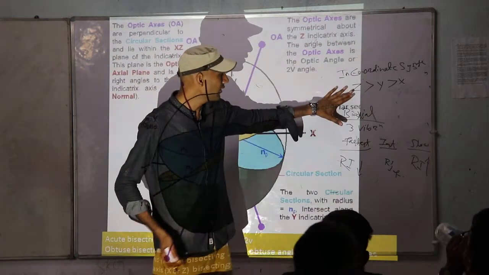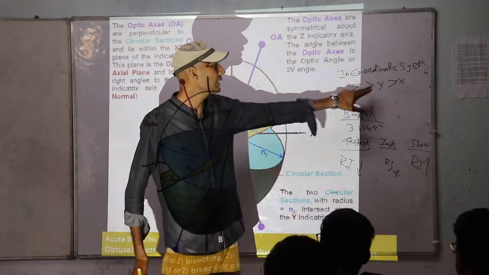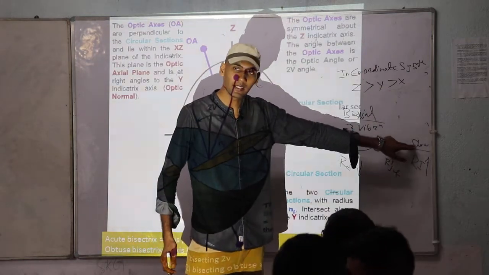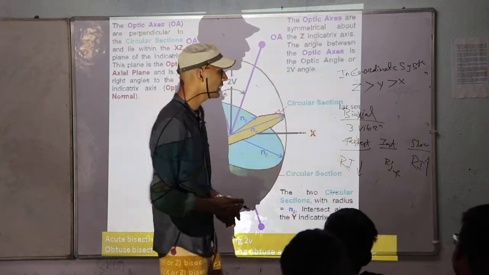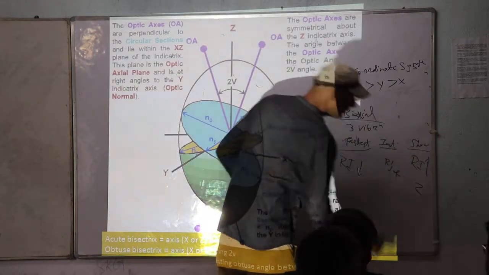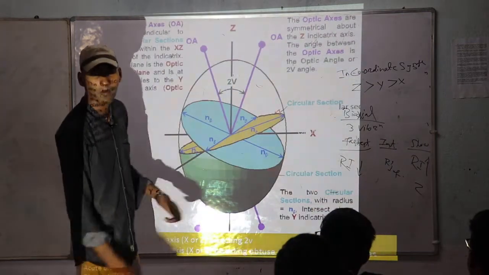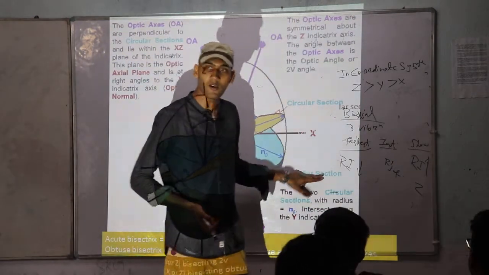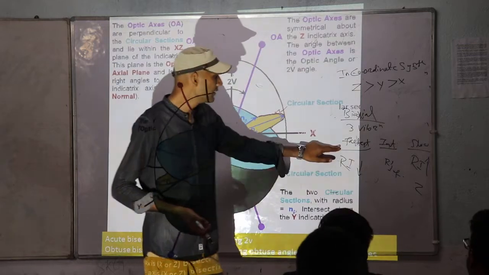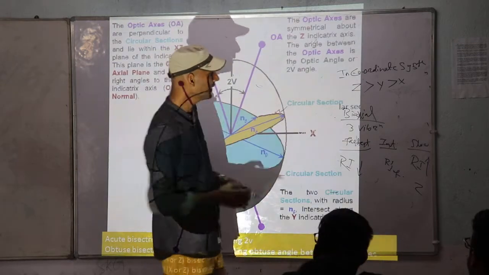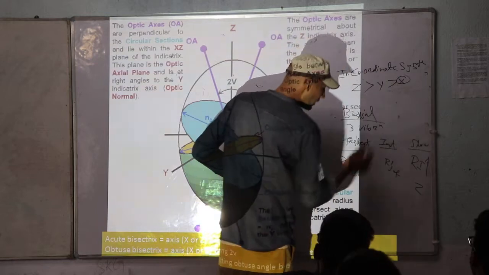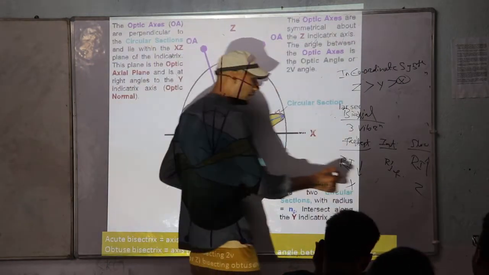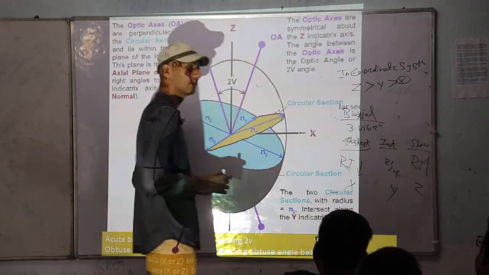As I have already told you, in the coordinate system Z is greater than Y greater than X. The refractive index of the slowest ray is represented in the Z coordinate and known as Z vibration direction. The refractive index of the fastest ray, which is lower, is represented in the X coordinate as X vibration, and the intermediate will be taken as Y vibration.